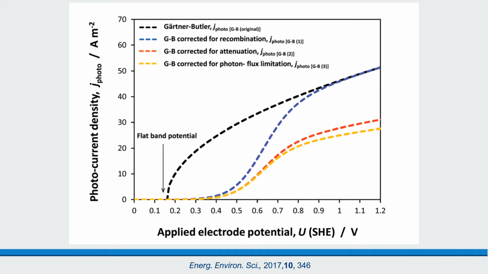We measured the absorption coefficient of the material as a function of wavelength, and we performed some optical measurements to determine the attenuation of the incident light by the optical window and the electrolyte in our cell. We carried out photoelectrochemical impedance spectroscopy to determine the interfacial charge transfer efficiency, which we then modeled using a mathematical expression. And finally, we imposed a photon flux limitation on the total current, and the results were in very good agreement with our experiment.